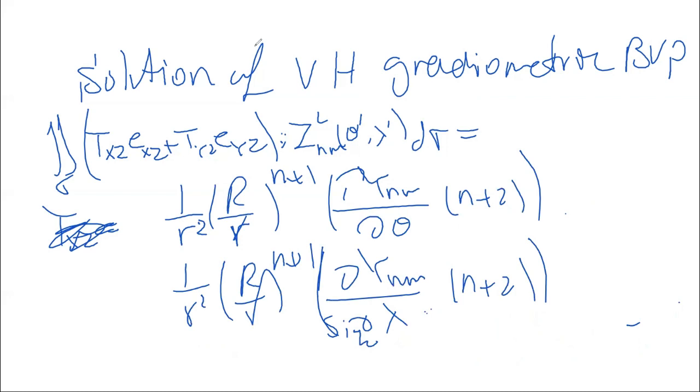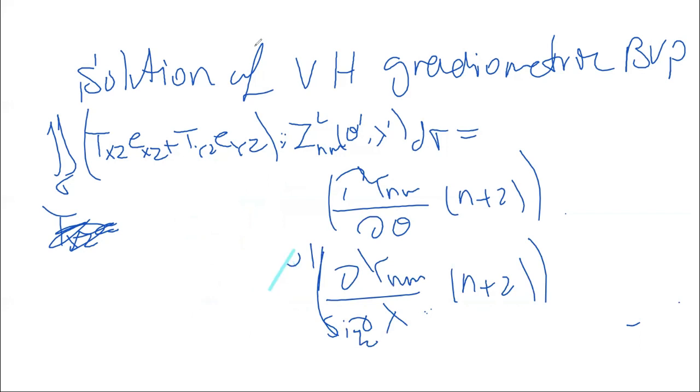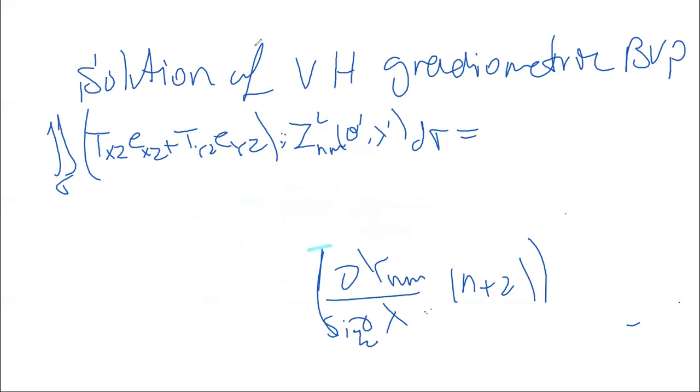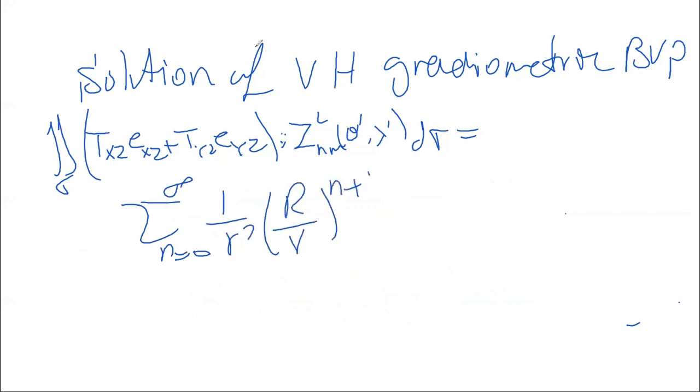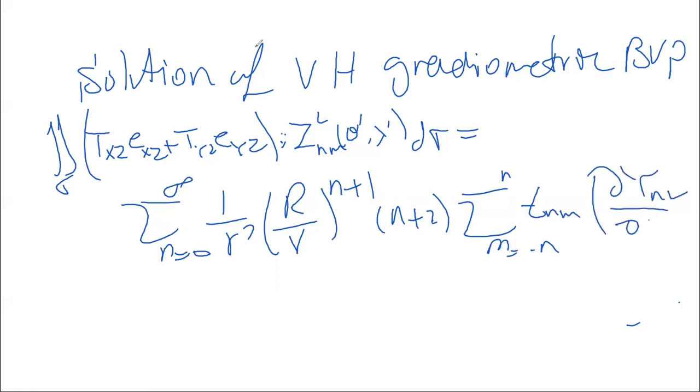So, in this case, the spherical harmonic expansion will be the summation from 0, 1 over r², r to the n plus 1, n plus 2, and summation T_nm multiplied by Y_nm θ plus ∂Y_nm around λ sin θ.